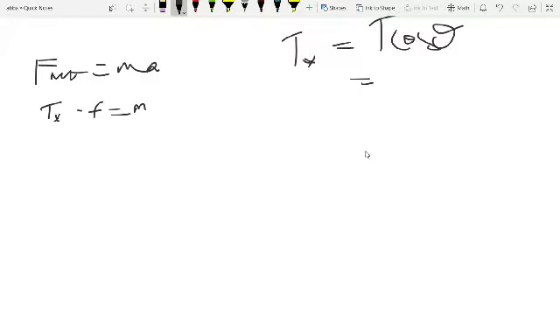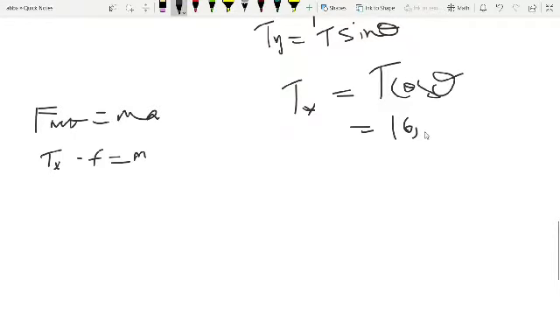For this one, it's 16.96 cos of 15, right? How much do we get? When we calculate that, we get 16.382. So we can round it off to 16.38 Newton, right? We put it there.